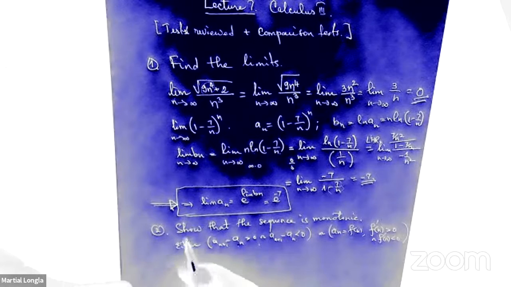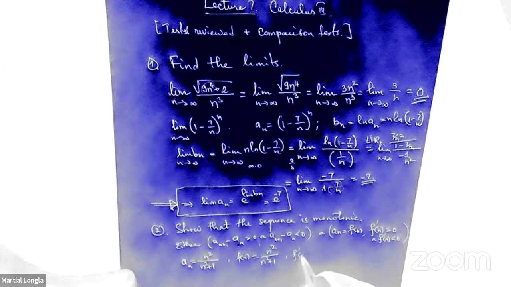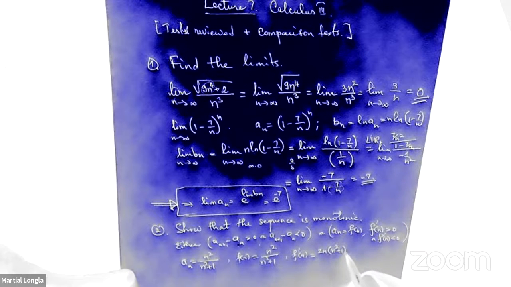Now in this problem, we had an equals n squared over n squared plus 1. So f of n is n squared over n squared plus 1. F prime of n, that's a derivative. That's 2n times n squared plus 1 minus 2n times n squared over n squared plus 1 squared.